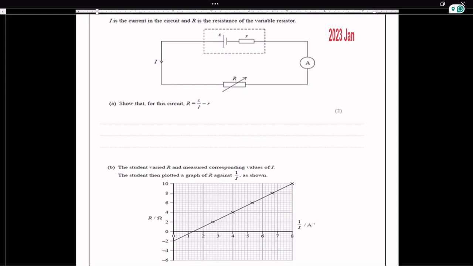The current flowing, I, makes a drop across the resistor. There is V_R, which is I times R. And this current will also make a drop across the small r resistor, which is I times r.